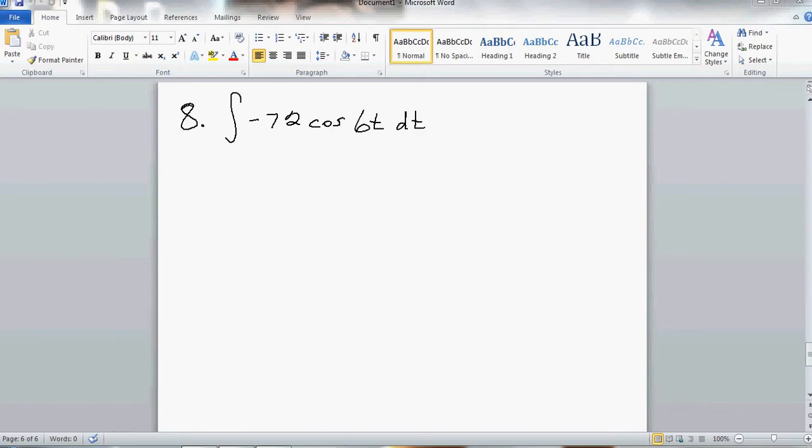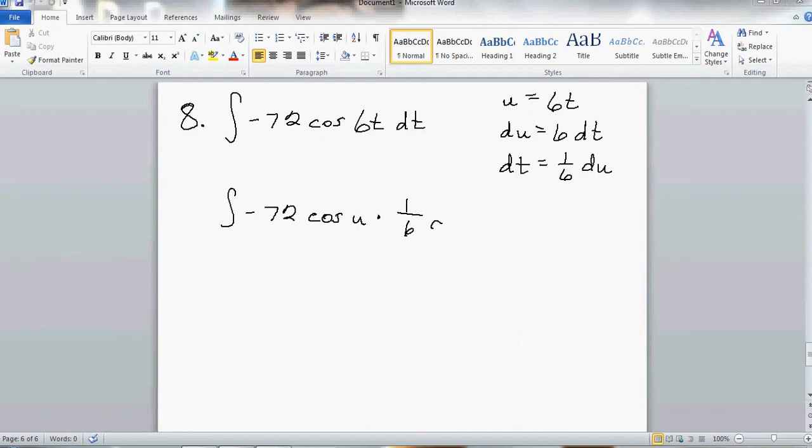So the first thing we need to do is find a u. Most complex is cosine of 6t, so we're going to let u equal 6t. du would equal 6 dt, and so dt would equal 1/6 of du. So this becomes negative 72 cosine of u, and dt is going to become 1/6 du.